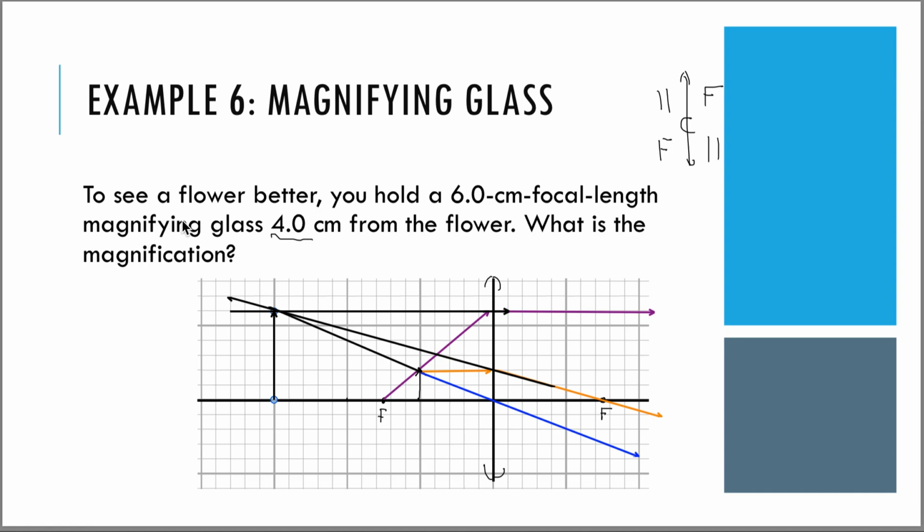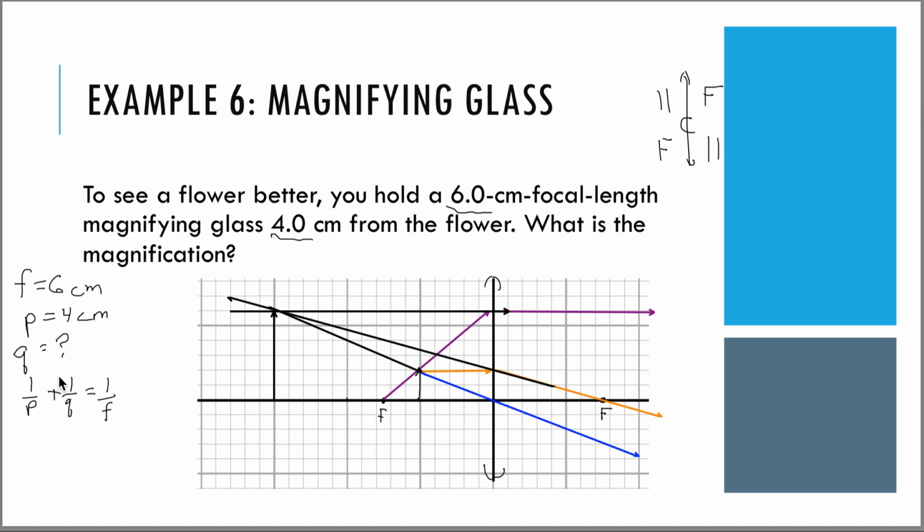So with the equations, we are given the focal length f here. f is equal to 6, and we're given the object distance p. It's a converging lens, so it's positive. Now we can find the image distance q. To do that, we're going to use the thin lens equation: 1 over p plus 1 over q equals 1 over f.